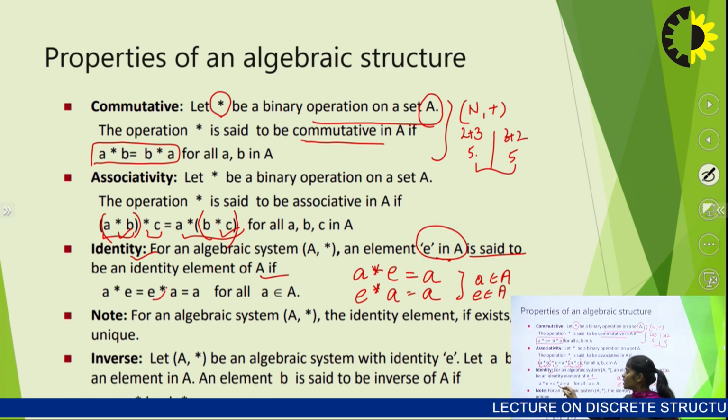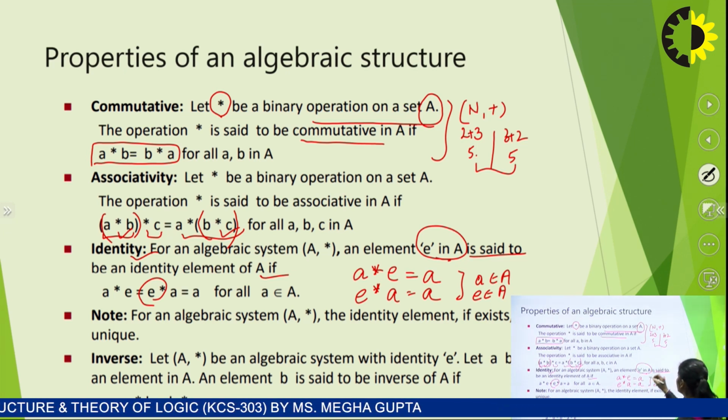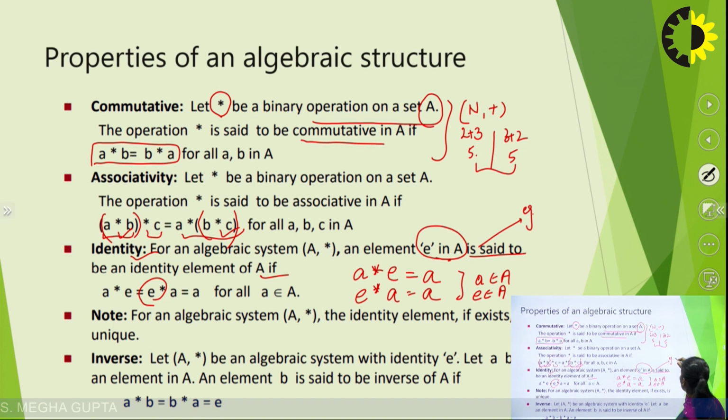So E will be the identity element. So for this we take an example here, that A star E equals A.